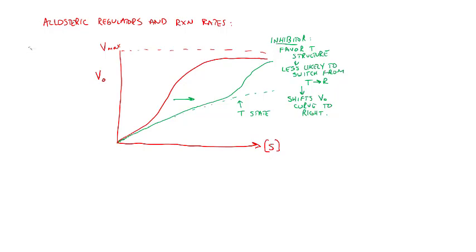Now let's look at what happens in the presence of an allosteric activator. So we said that an allosteric activator favors the R state. Which means our enzyme is more likely to switch from T to R. And you'll recall that if this is the velocity curve for the R structure, then that means that it's going to become easier for our enzyme to shift over into that structure.